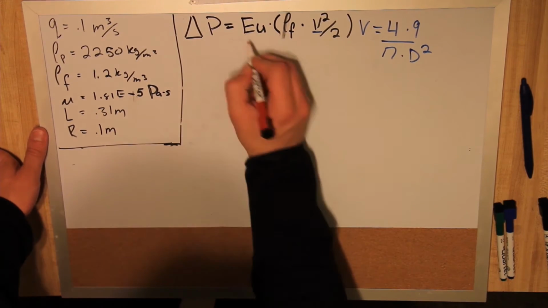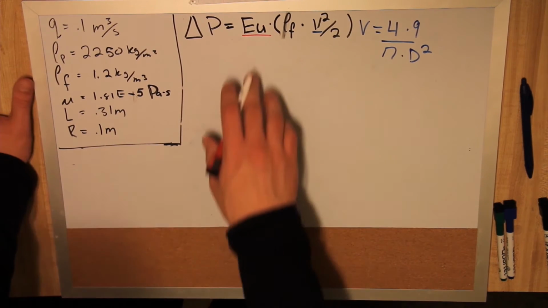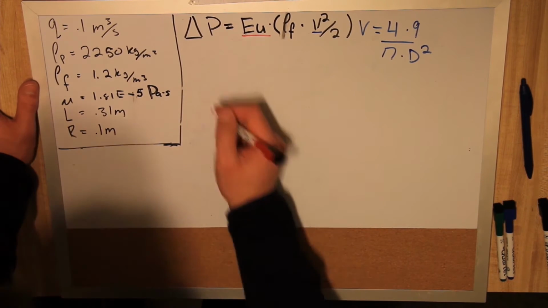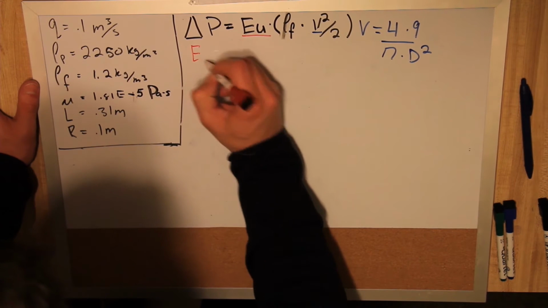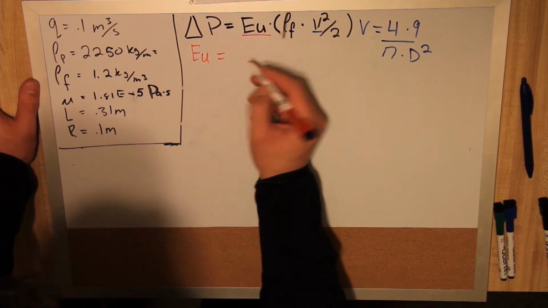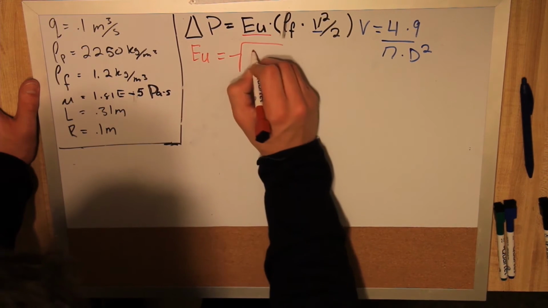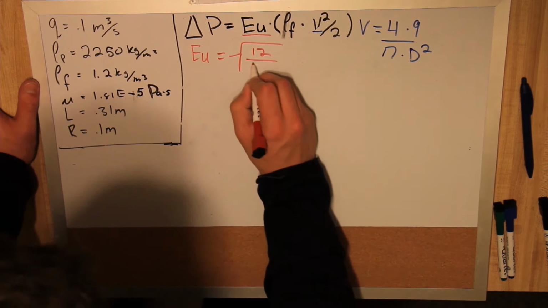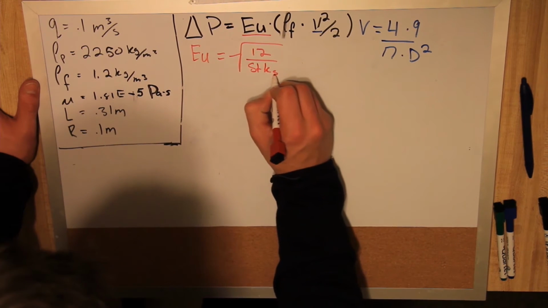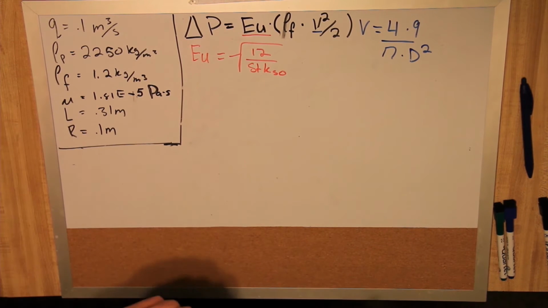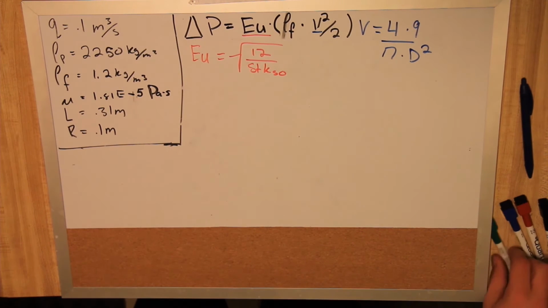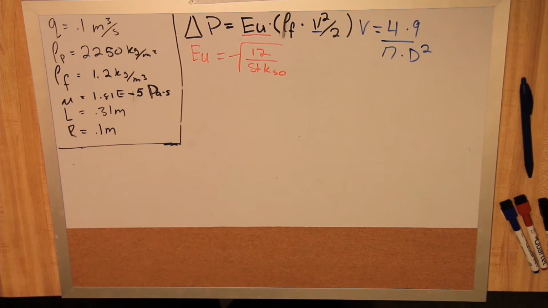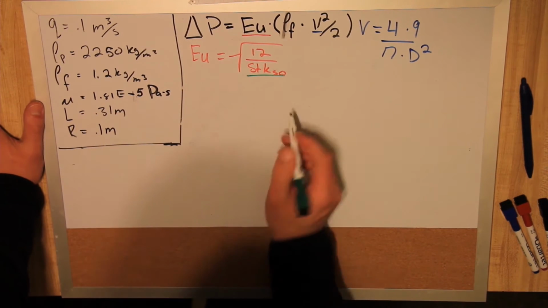So next we're going to solve for Euler's number. All Euler's number is relative roughness. So Euler's number equals the square root of 12 over Stokes' number 50. Now the next part is to solve for Stokes' number 50.